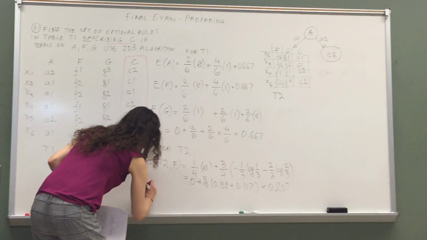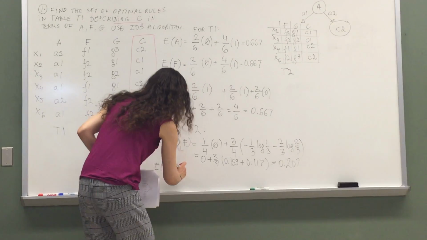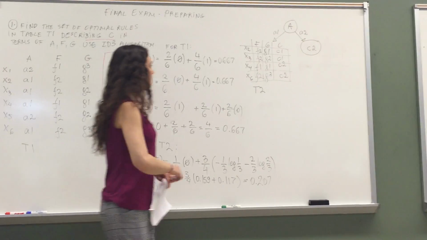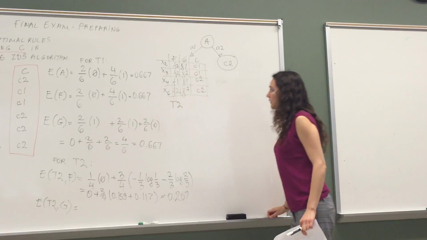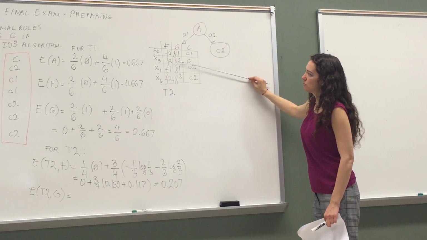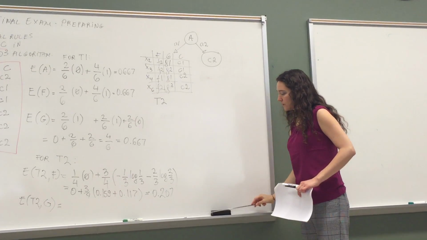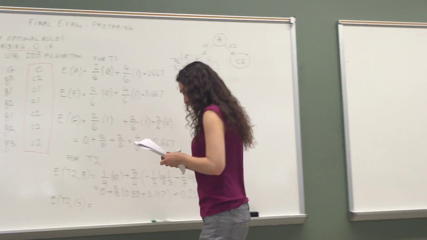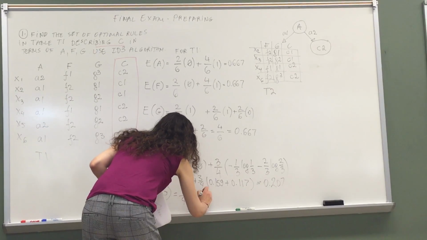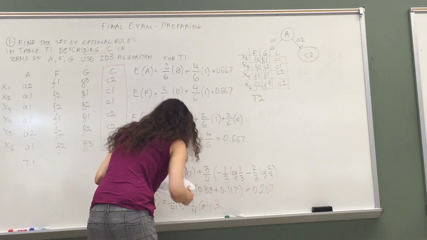For the attribute G, we get 3 values, G1, G2, and G3. For G2 and G3, the entropy will be 0 because there's only one object. So 1/4 entropy 0, plus 1/4 entropy 0, plus the 2 which are left.